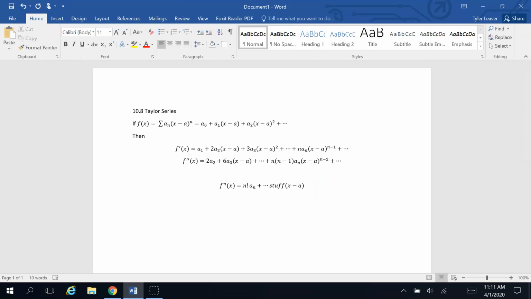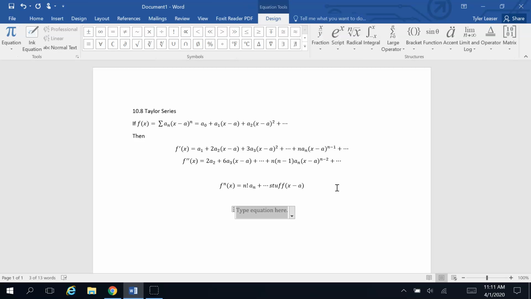Okay. Now, the last little bit is let's look at all of these different derivatives, but plugging in our center a. So if I take just the original function itself and plug in a into this thing, all of the terms that have x minus a in it are going to go to 0, and all that's going to be left over is that coefficient way in the front, that a sub 0.